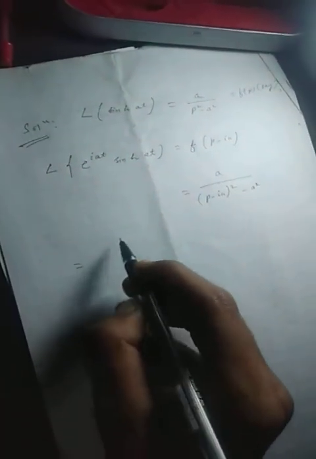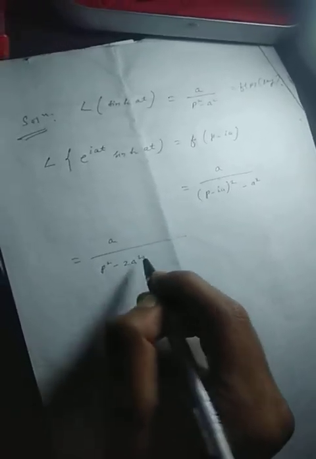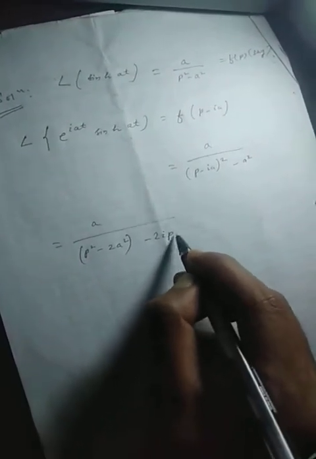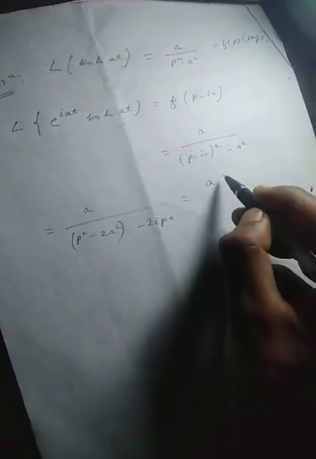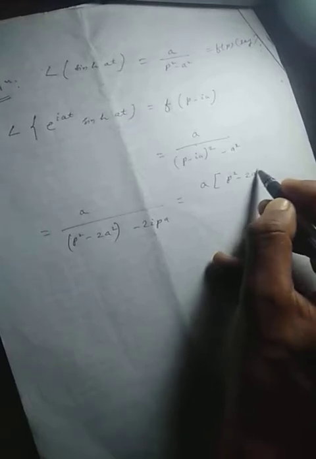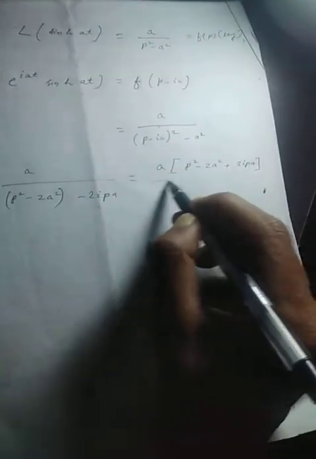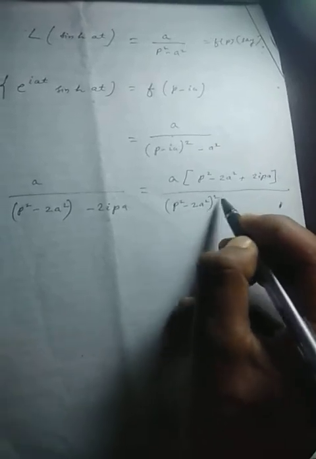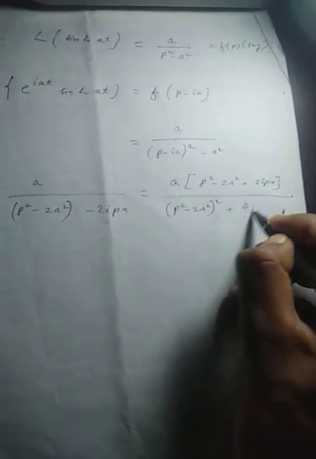So now proceeding, this will give us a upon p square minus 2 times a square minus 2i times pa. Taking the common denominator, this gives a times p square minus 2a square plus 2i pa upon p square minus 2a square whole square plus 4p square a square.